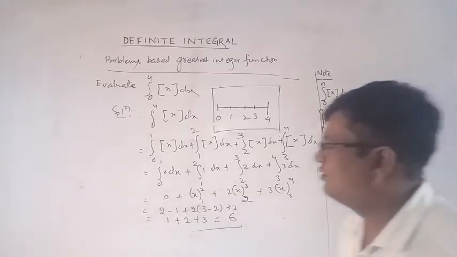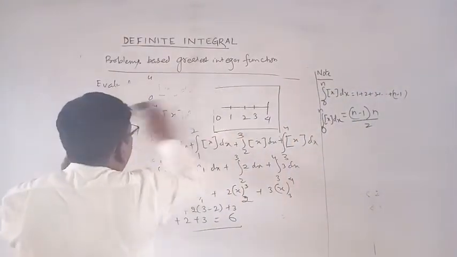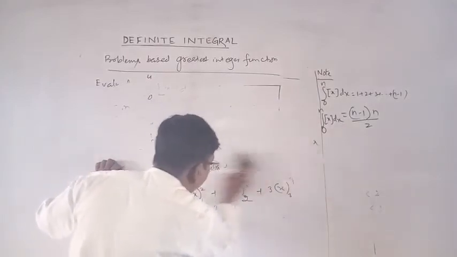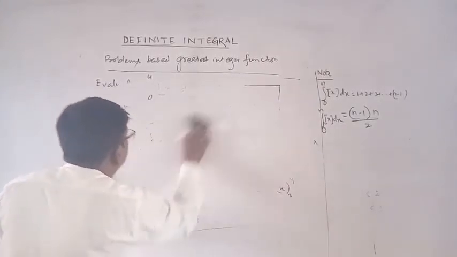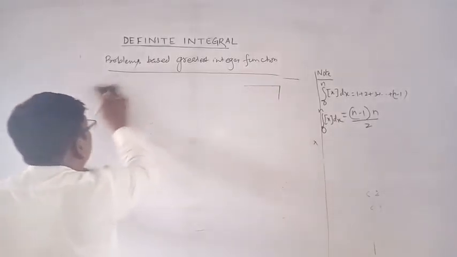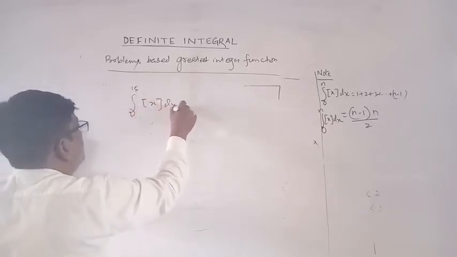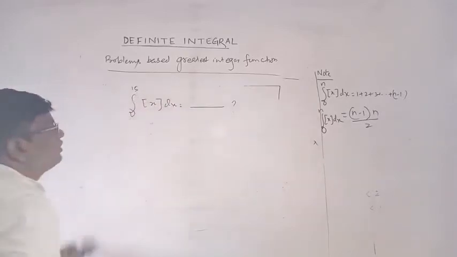One example. Suppose the integral from 0 to 15 of bracketed x dx is equal to dash. Apply the formula.